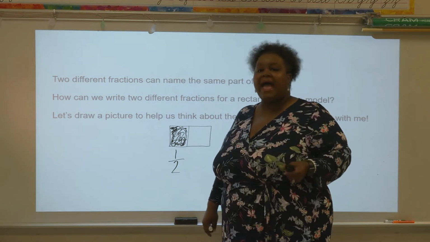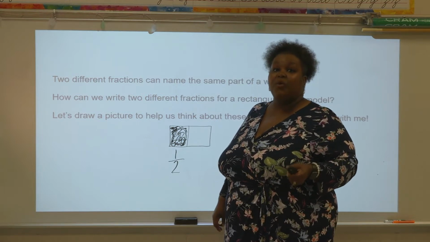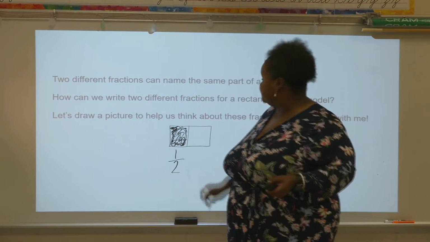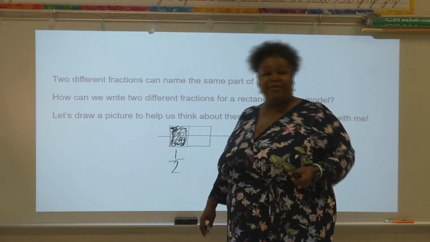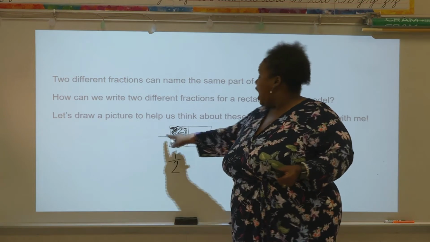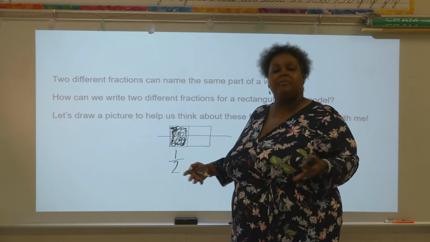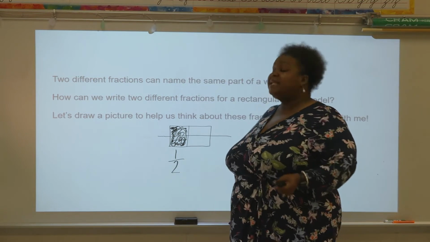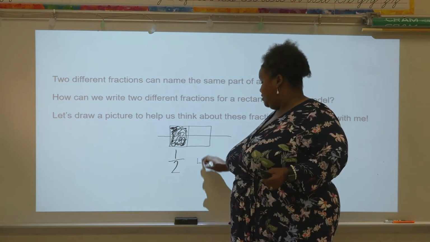Now, if I add a horizontal line, let's see what my area model would show then. Just one, I cut it right across. Now I still have the same area model. I only added a line to make more equal pieces. Now let's see what my denominator will be. That's my down number.